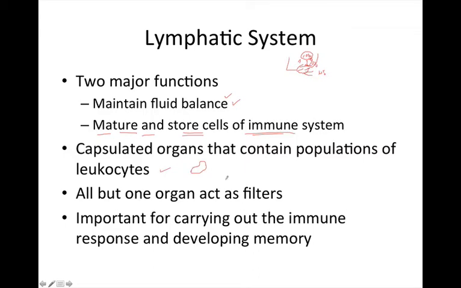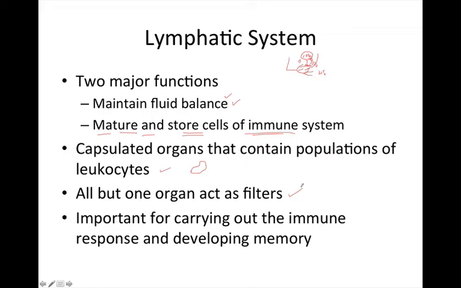Now, if there's one common feature that the organs of the lymphatic system share, it's that they are all filters, with the exception of the thymus gland. Lymph nodes filter lymph, the spleen filters blood, and tonsils filter whatever's blown in or through our nose and mouth, or whatever we consume.